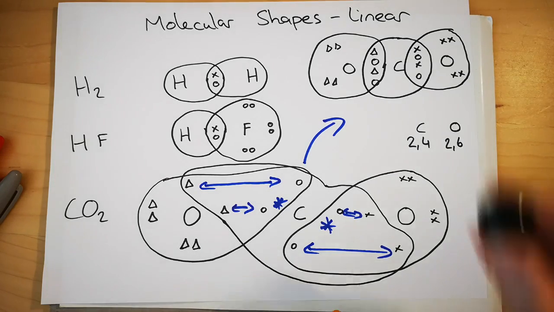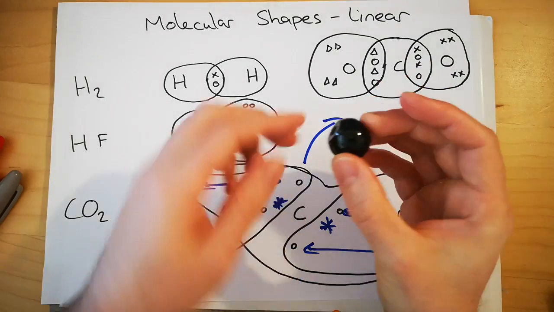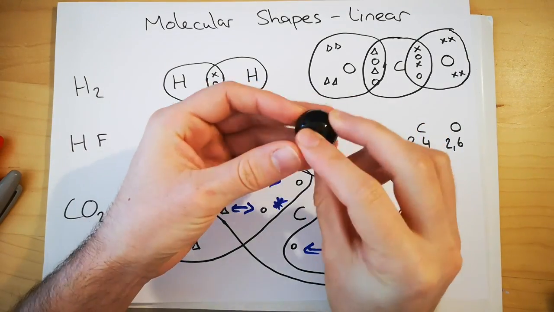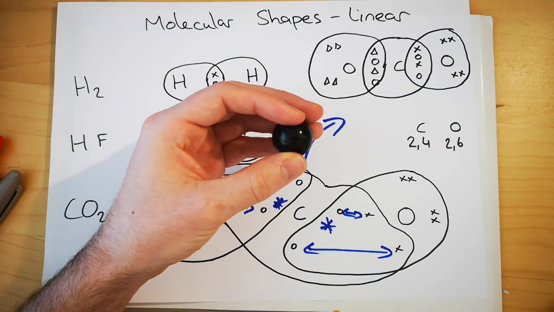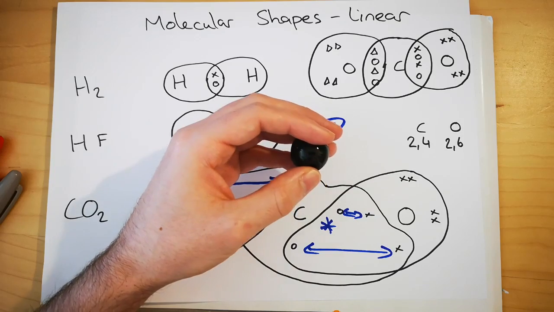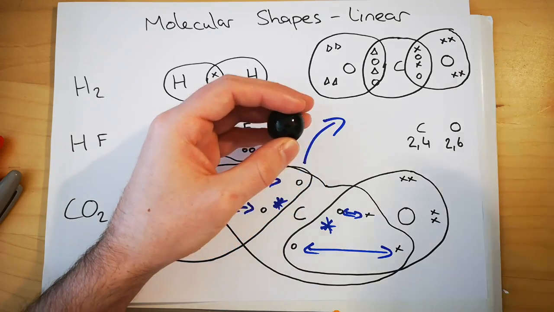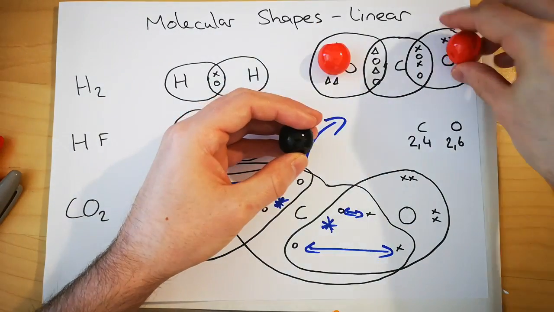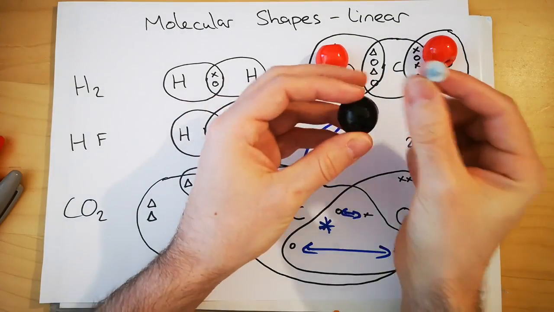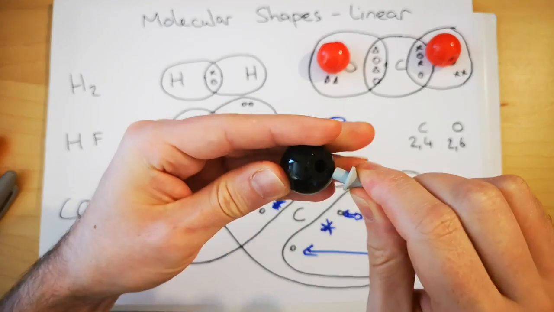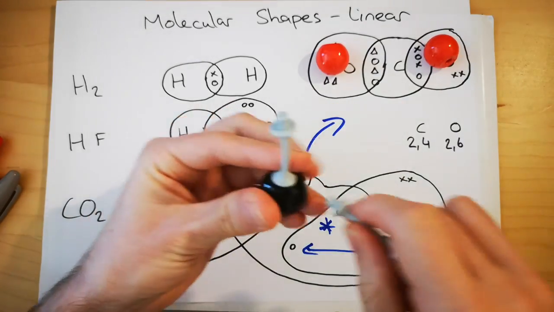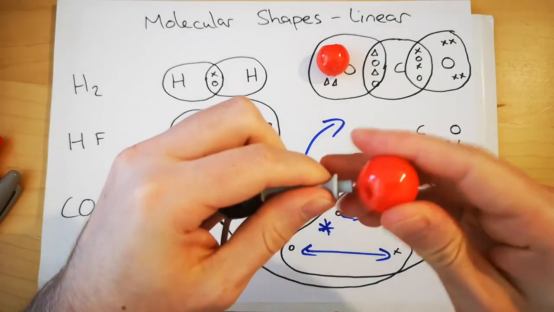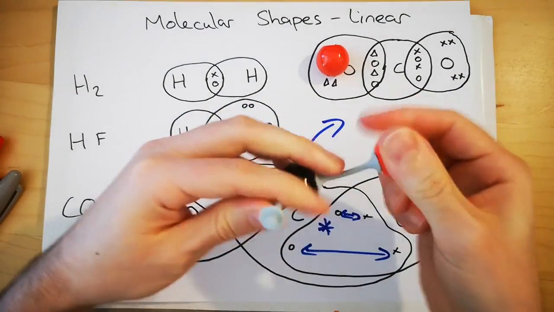Now that, from the perspective of our molymods, we've got 4 openings for the carbon, and we've got 2 oxygens here. So with the molymods, these bonds are actually slightly longer to allow you to show this type of bonding.